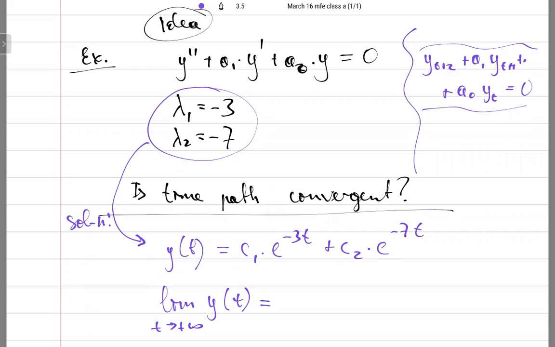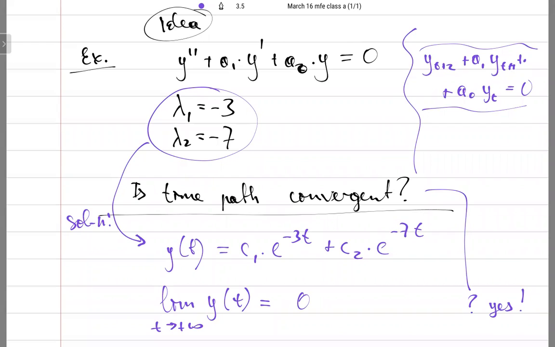I don't care about C1 and C2, because I have negative powers in the exponent. They are less than 0. The limit is equal to 0. So the answer is: time path of the general solution convergent, yes.